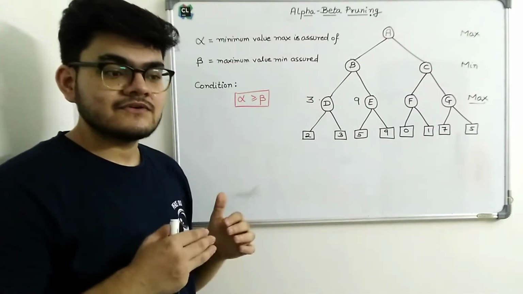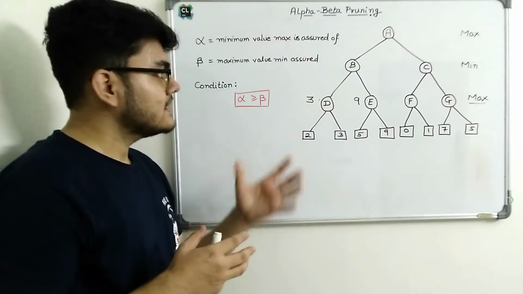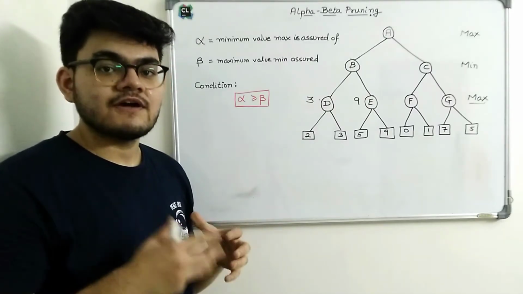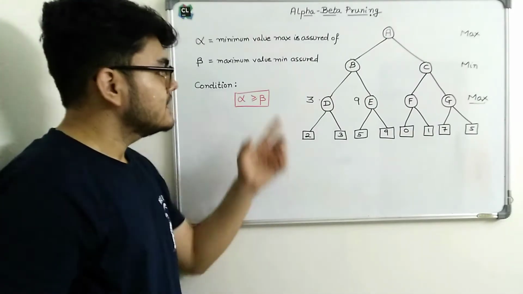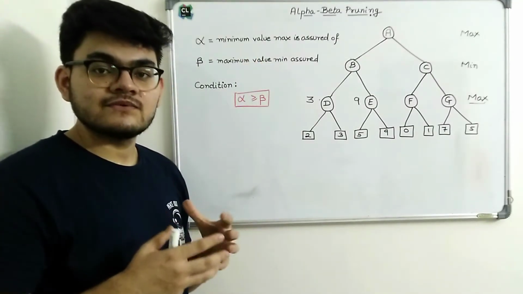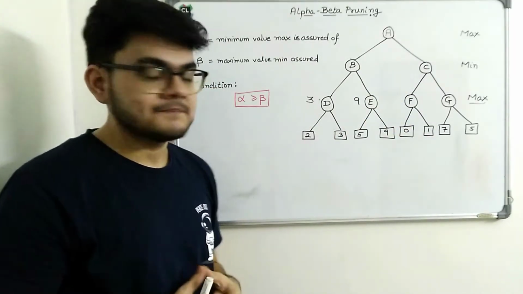So the minimizer is assured that at this particular state in the game tree, this is going to be the maximum advantage that I can get if I make a move. So alpha and beta represent these two values, and these two represent each of the states that we have in this game tree, right?